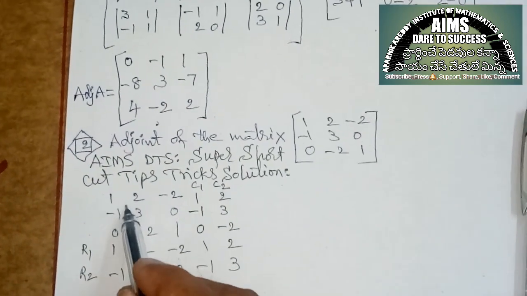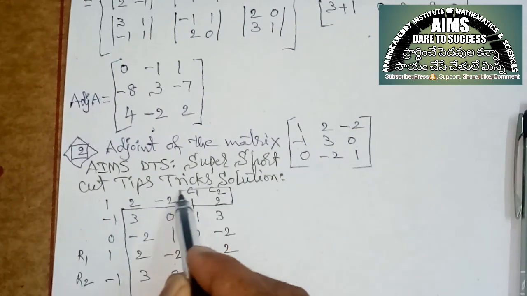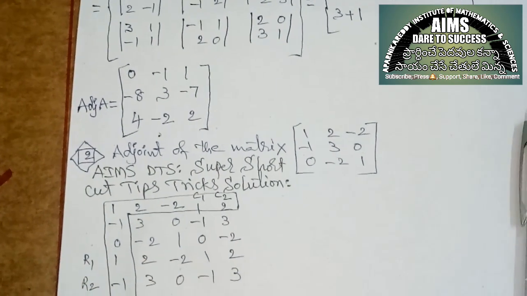After writing this, row 1 and column 1 you can delete.